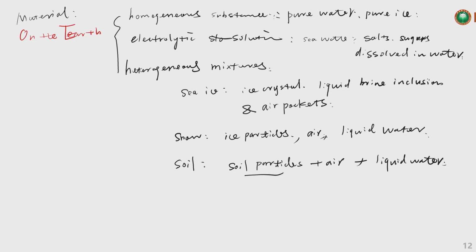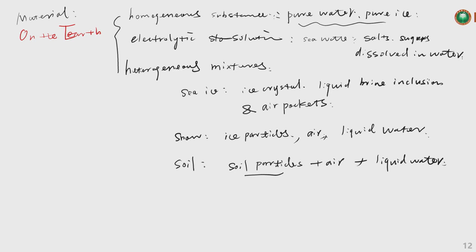So for the homogeneous substance, it's convenient for us to analyze it because it has a fixed or unique dielectric property, even though it can vary depending on the operating frequency.